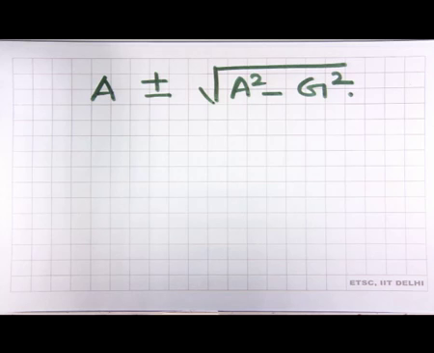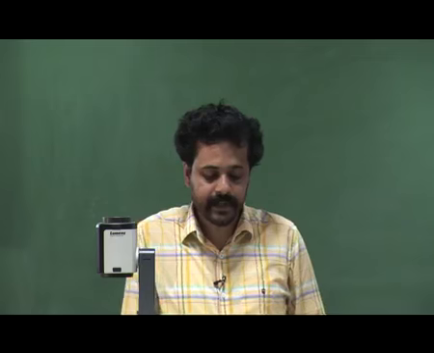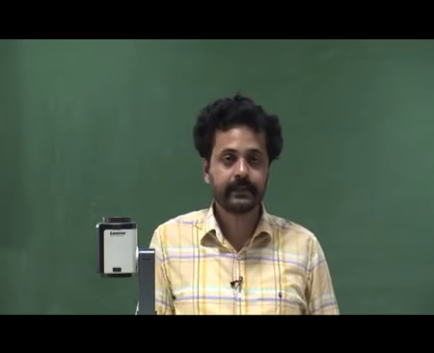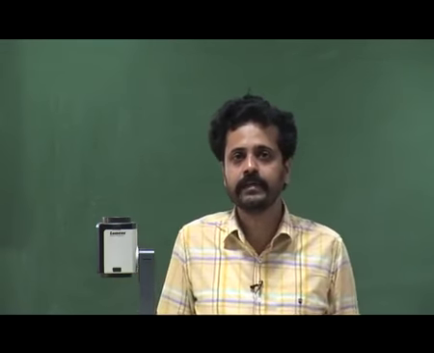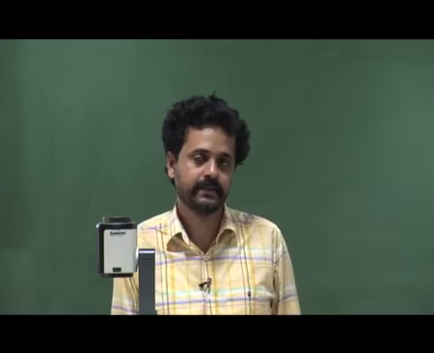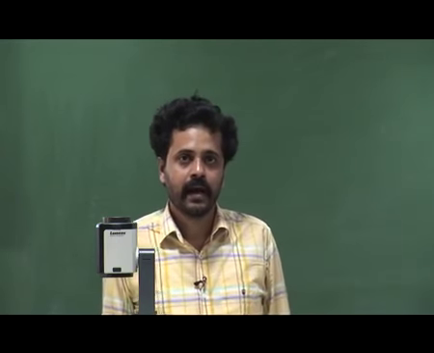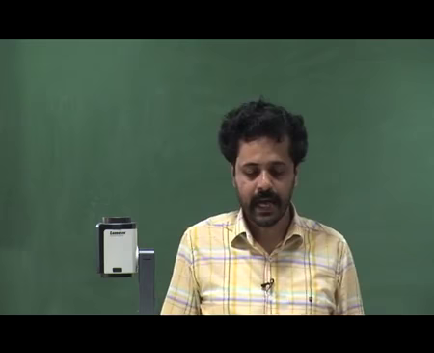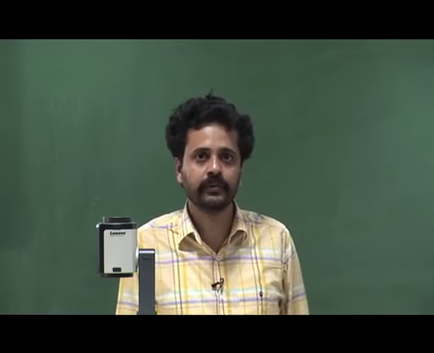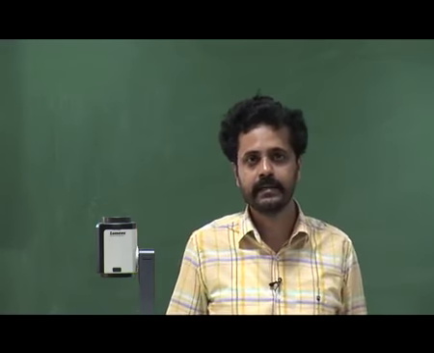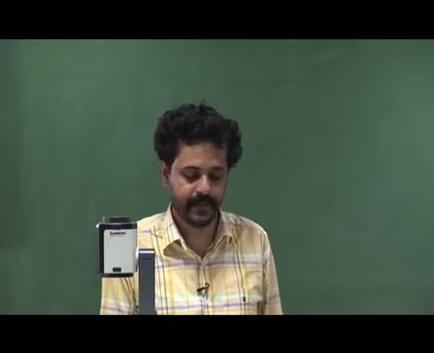It's very similar to the previous problem, and it concerns arithmetic mean and geometric mean of two positive numbers. Let us recall again that arithmetic mean of two numbers a and b is (a plus b) by 2, and geometric mean of two numbers a and b is square root of ab.